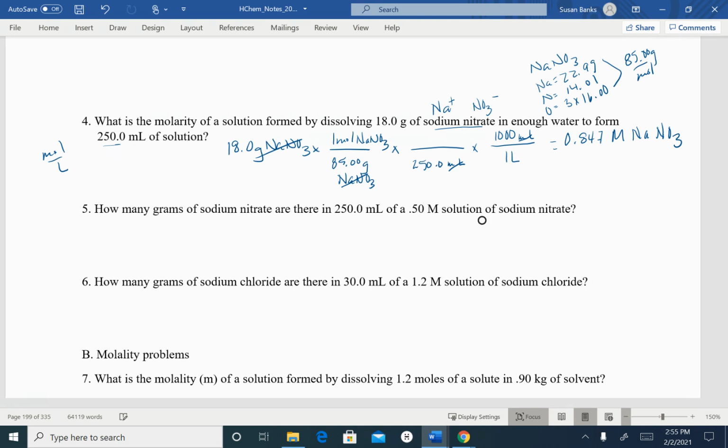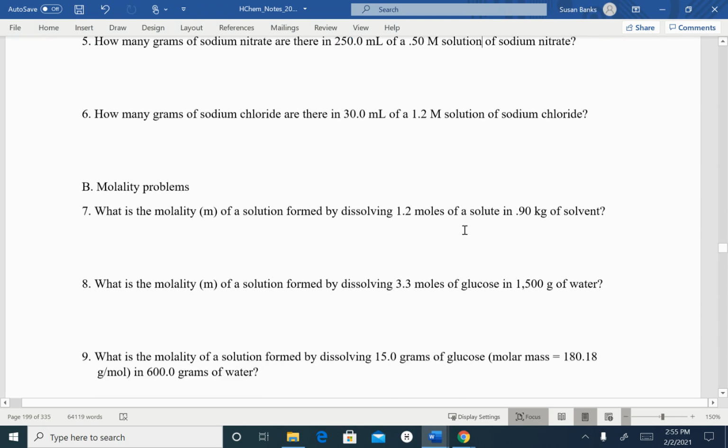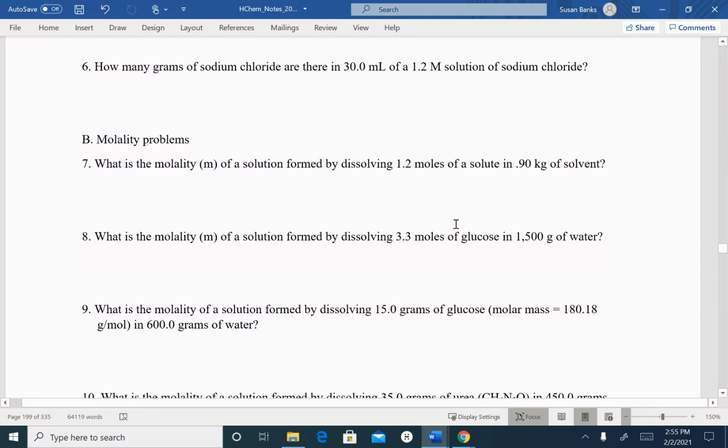Okay, so there's a practice of a molarity. Let's do a molality problem.